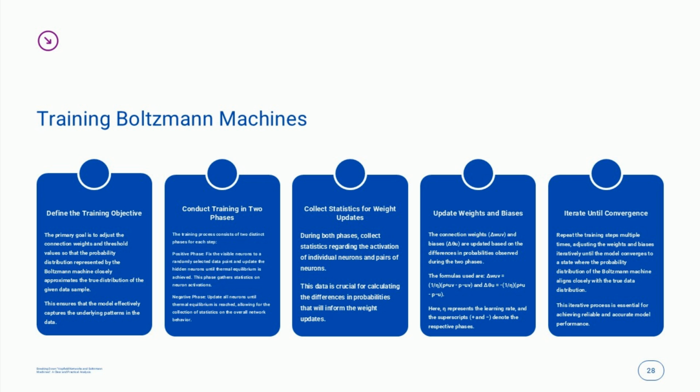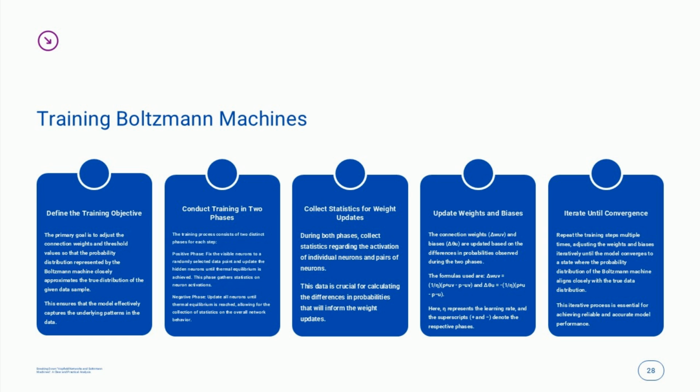Step 4. Update weights and biases. Now comes the adjustment phase. Using the statistics collected, the weights, connections between neurons, and biases, individual neuron tendencies, are updated. The changes ensure that the network increasingly favors configurations that reflect the actual data distribution. For example, weights are strengthened if two neurons are often active together during the positive phase but not during the negative phase.